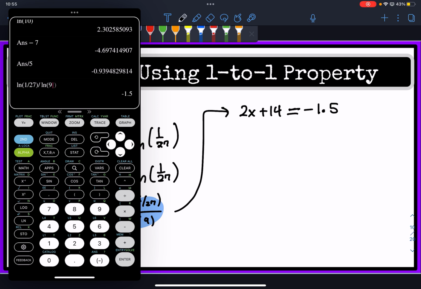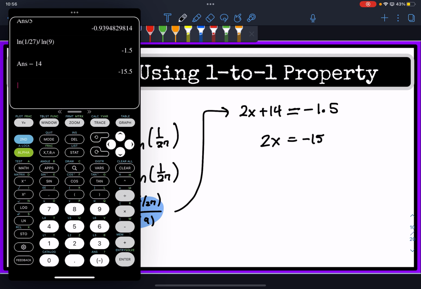So we will then subtract 14. So let's subtract 14 from our answer. And that's negative 15.5. We'll divide by 2. And x equals negative 7.75.